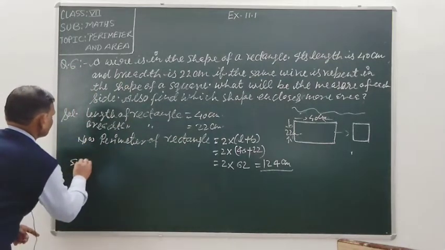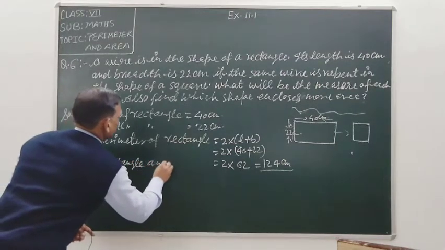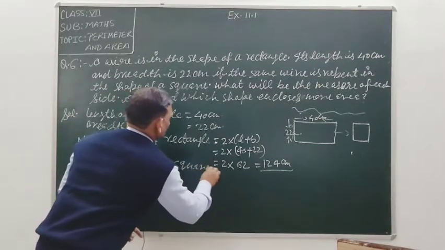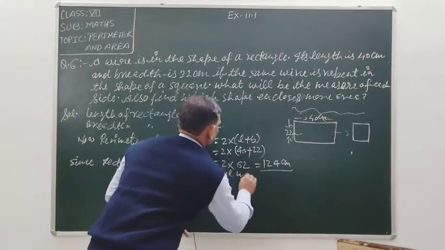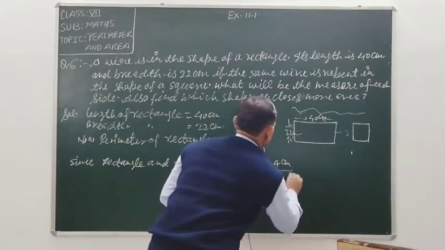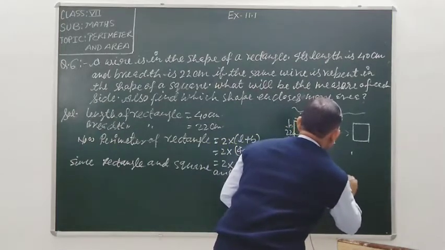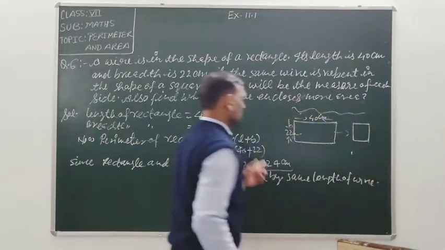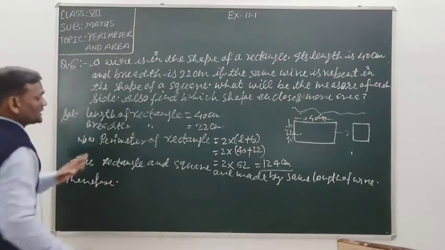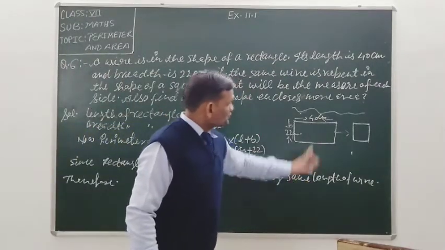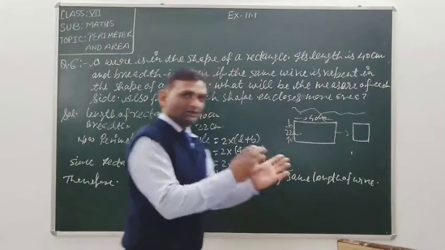Since rectangle and square are made by the same length of wire, therefore, because both are made from the same length of wire, the perimeter of the rectangle and perimeter of the square will be equal.